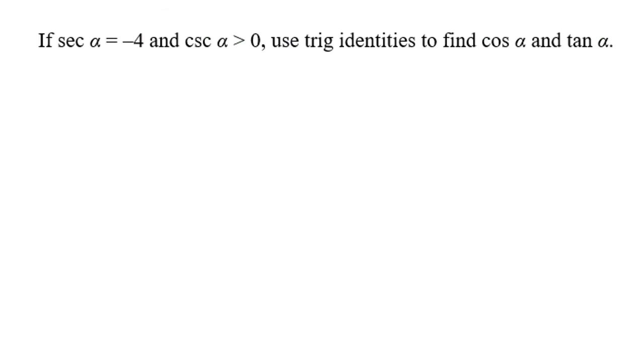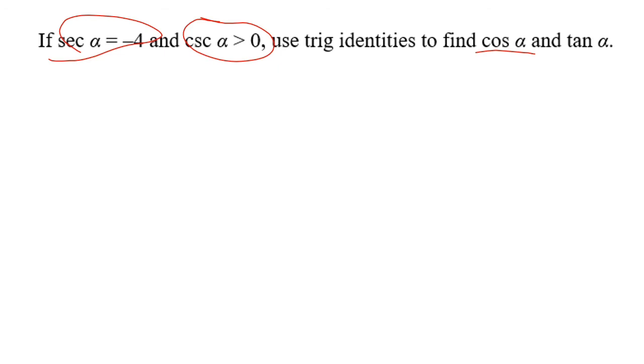Alright, here we have another problem where they give us a trig ratio, and we're supposed to use trig identities to find cosine and tangent. The first one will be used to find your values, and the second bit of information will help you find out which quadrant it is so you know whether it's positive or negative. Secant is related to cosine. How is it related?